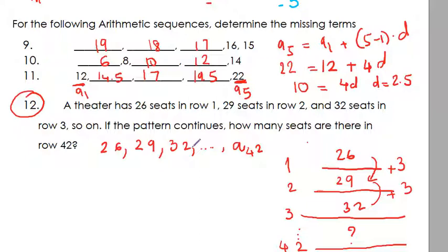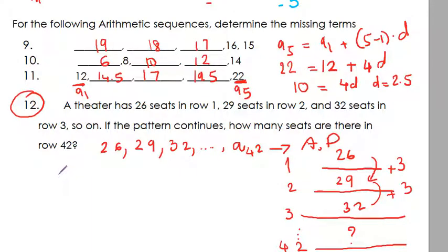We need to find a sub 42, right? What do we know here? That's right. The first thing you have to check is, is it arithmetic? AP or not? Yeah, it's AP. Arithmetic, so you can use the formula, okay?